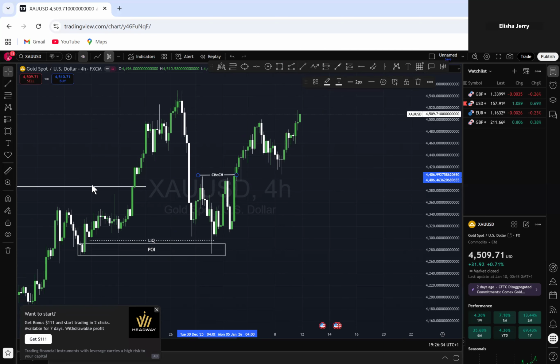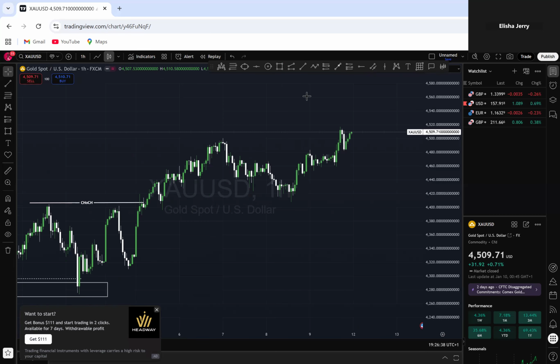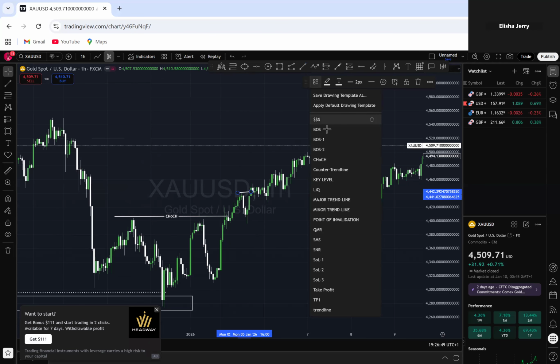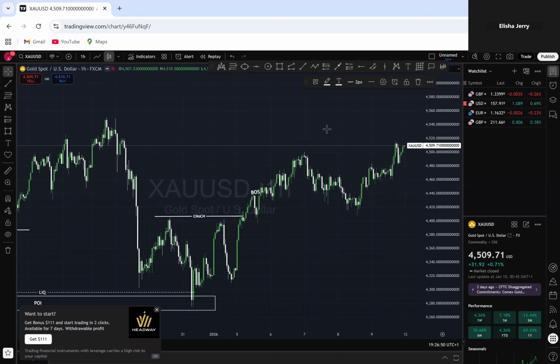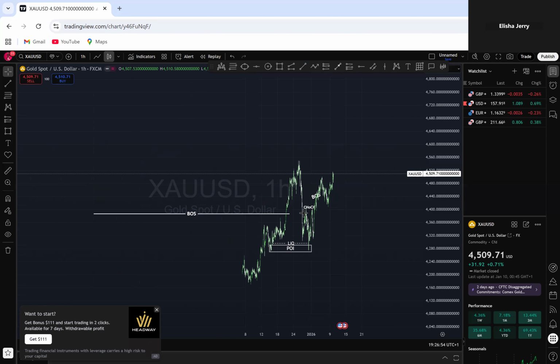And then subsequently, we had price pulling back into this area to give us another break of structure, continuing both this minor and this major trend.